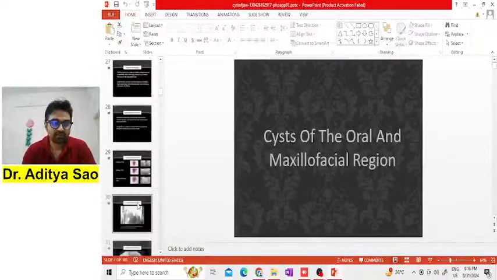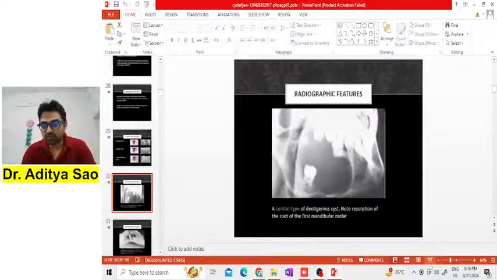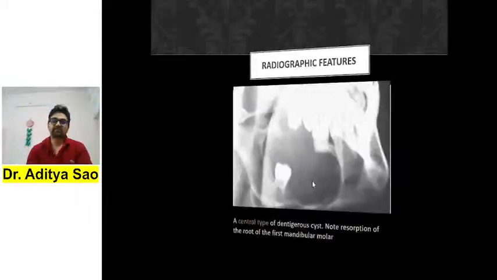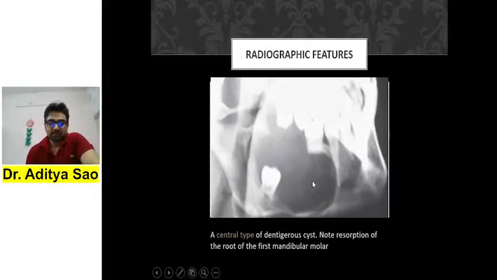So the first visual that we are going to talk about is the dentigerous cyst. This is a central type of dentigerous cyst which starts from the CEJ, ends on the CEJ.